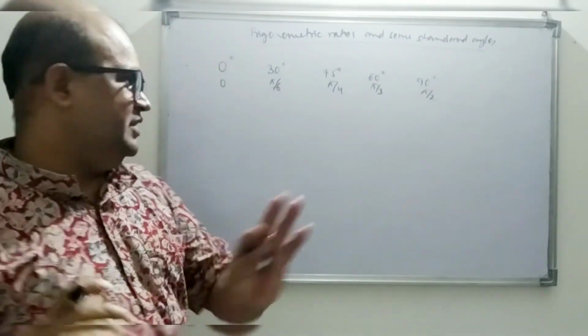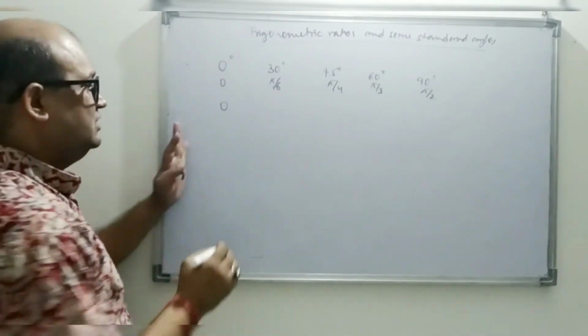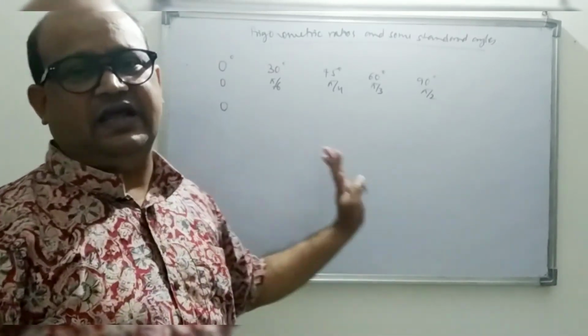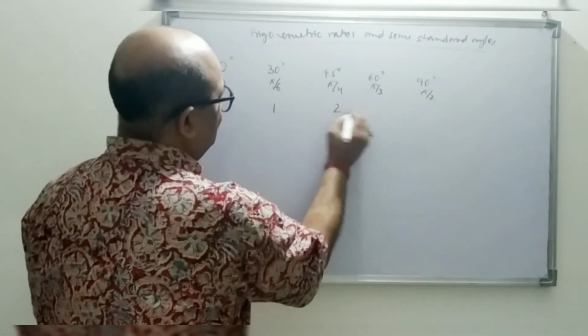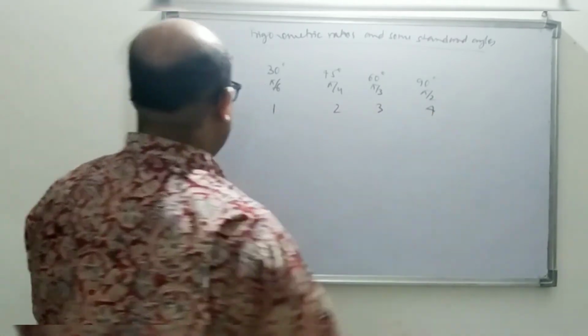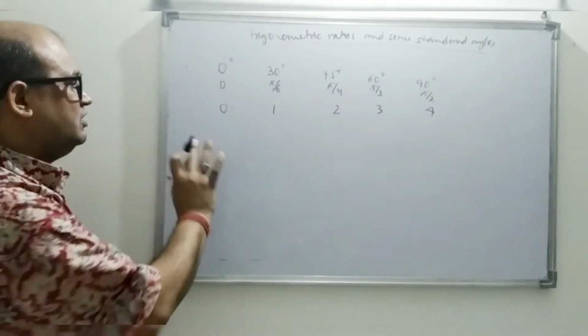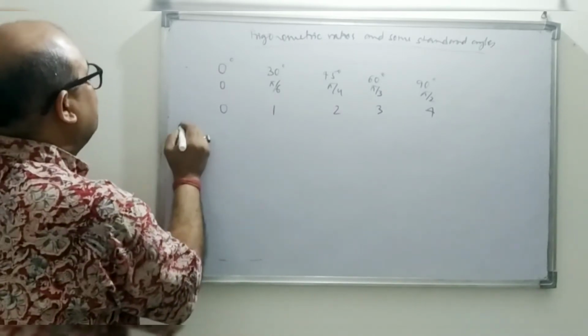What we will do? Let us start with the basics. We will write 0. How to find out these angles? If you are able to find out these angles, you can find out any other angles by certain formulas. 0, 1, 2, 3 and 4. Now, I will show you the trick to find the numerical values of these angles.